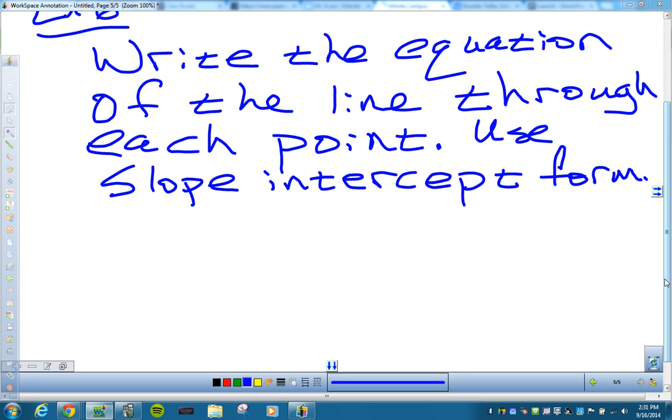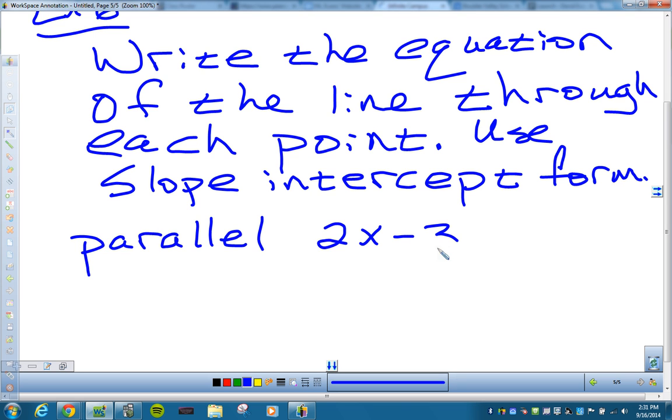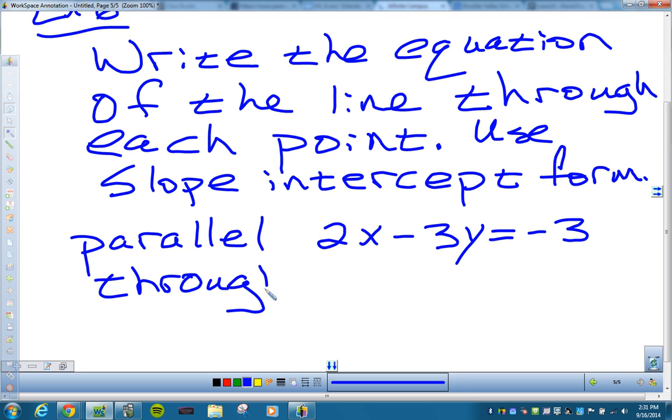So the first one they want you to do is going to be parallel to 2x minus 3y equals negative 3, through negative 7, 10.